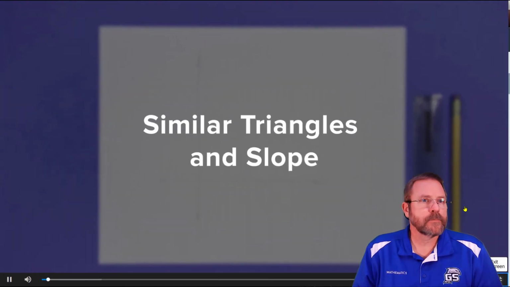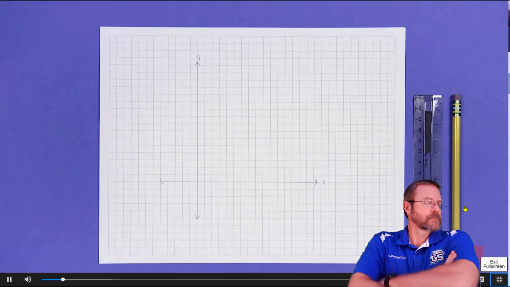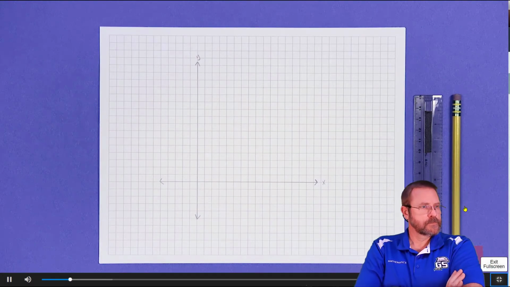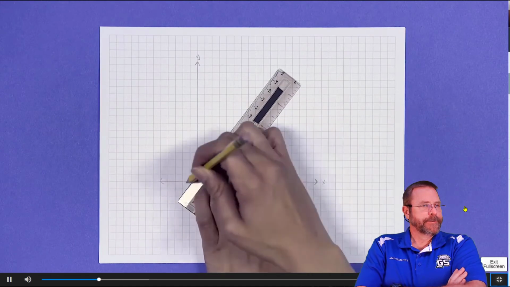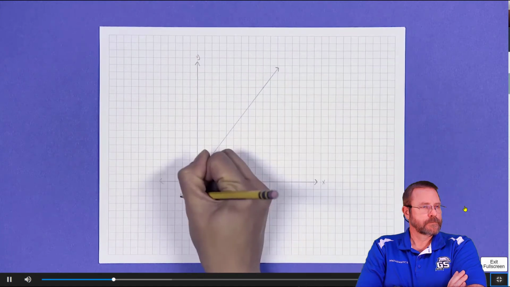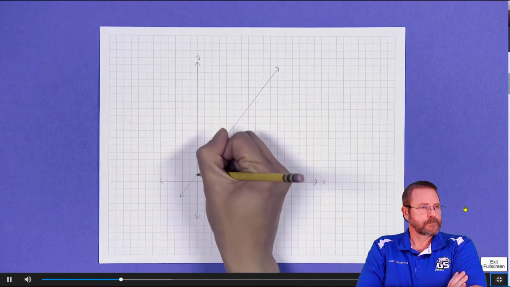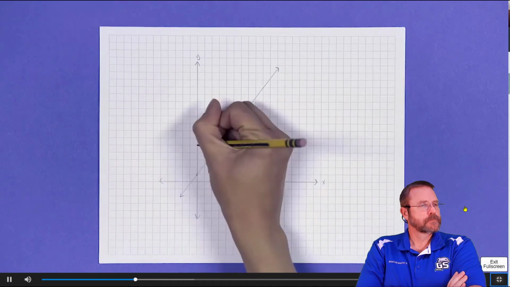Similar triangles. You can use slope triangles to show that the slope of a line is the same between any 2 points on a non-vertical line. First, draw a line on the coordinate plane. Then construct a right triangle on the line using any 2 points on the line.